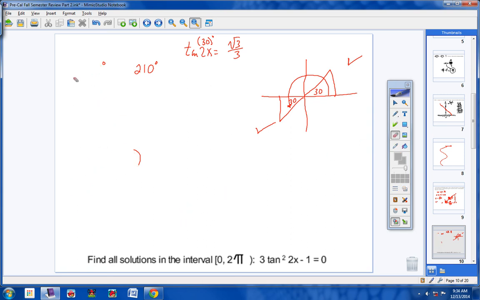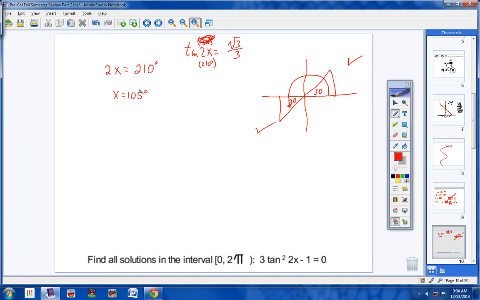Now let's take 210 degrees. And if you don't believe me, go ahead and take the tangent of 210, and you will get the exact same decimal equivalency as square root of 3 over 3. So the whole angle is 210. So I'm going to take 2x and set it equal to 210. Okay, so 210 divided by 2 gives me 105 degrees.